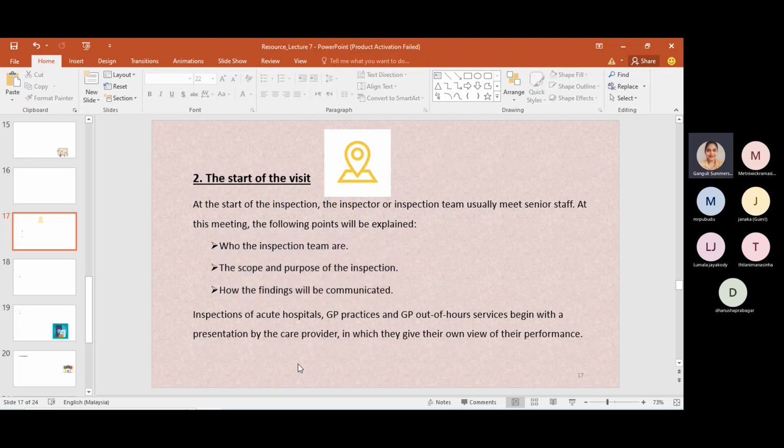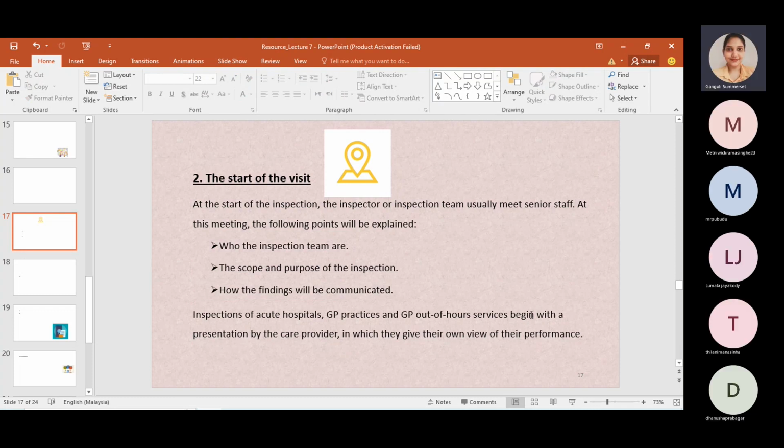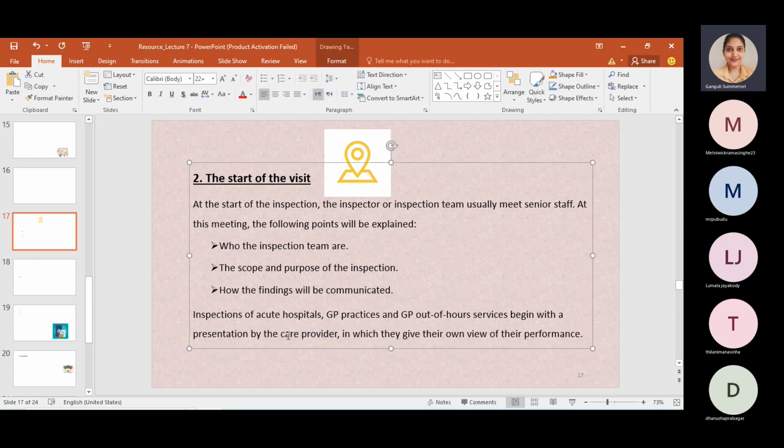Usually the inspections begin with a presentation by the care provider. Care provider means the workplace that is being inspected. In this presentation, the care provider will give their own view of their performance.